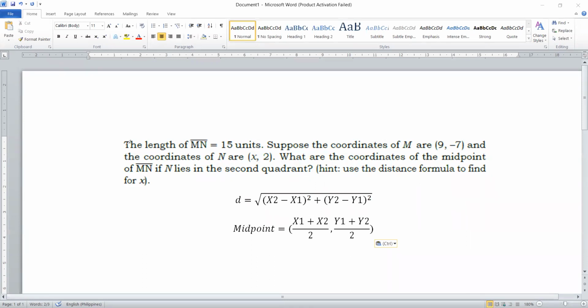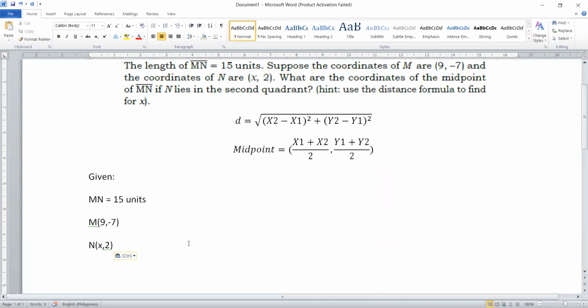You'll have there this one. Next, you need to use your distance formula to solve for the unknown coordinate x.